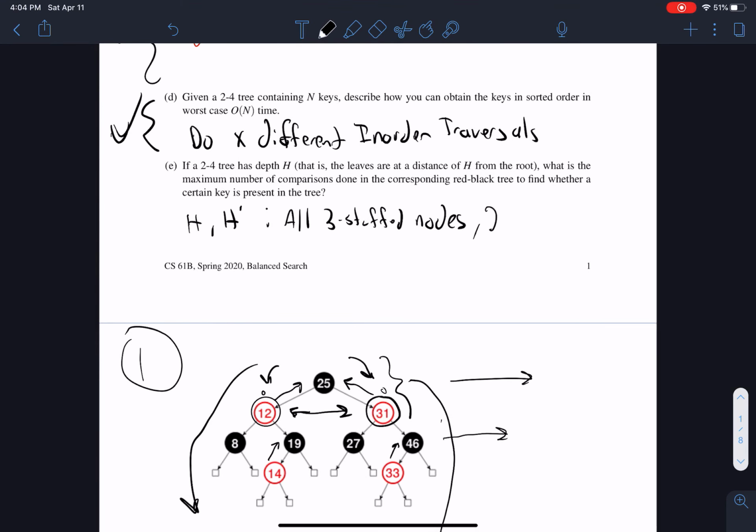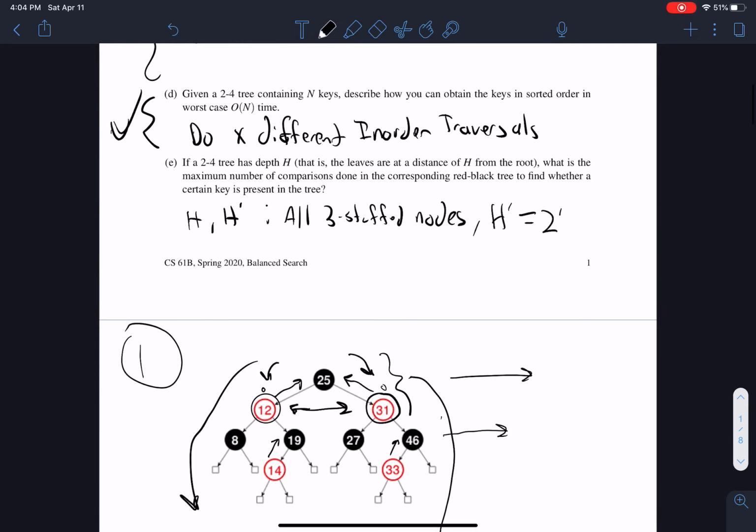So we'll say h prime is equal to 2h. And that's actually not that bad, because we didn't increase the height by anything related to n. We're just doubling it. And we know that in a 2-3 tree, h is going to be equal to log of n.